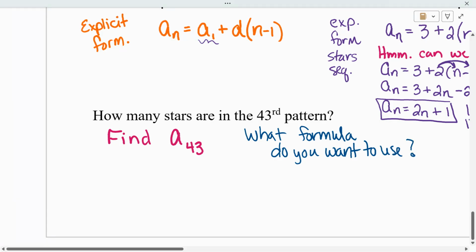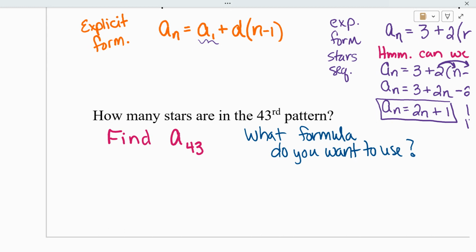If we use the recursive formula, what do we need to know for the recursive formula? Go up top. What does it say about the recursive formula? We need to know the one before it. So if we use the recursive formula, we've got to find the 42nd term. Do we know the 42nd term?